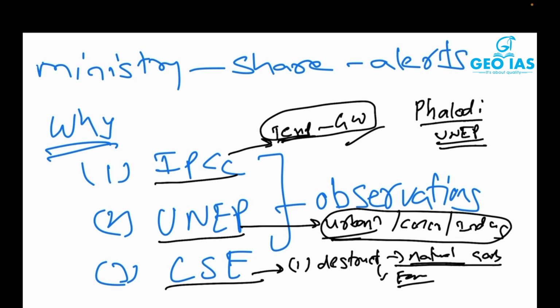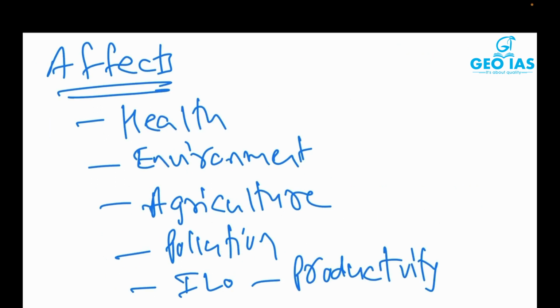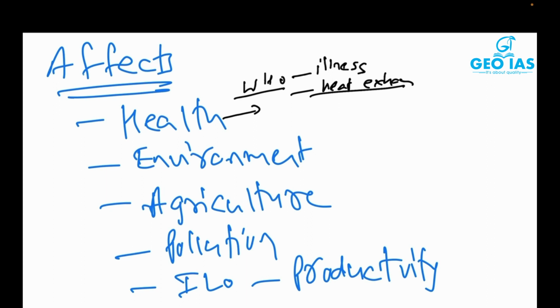Well, after understanding the reasons for the heat waves, let us try to understand the effects of heat waves on us. There are numerous effects; however, we will try to understand some of them. Number one, health issues. It is recorded by WHO that prolonged exposure to heat waves may create heat related illness such as heat exhaustion, and it even leads to heat strokes.